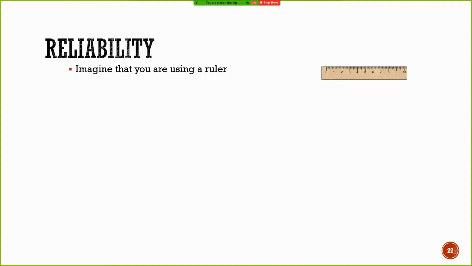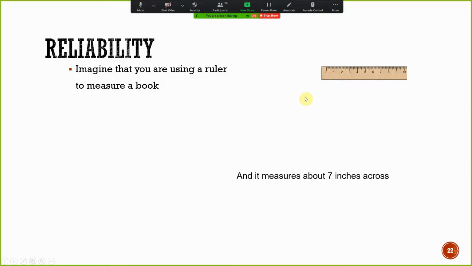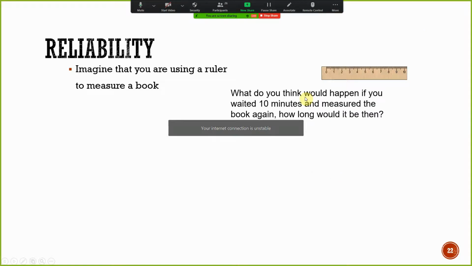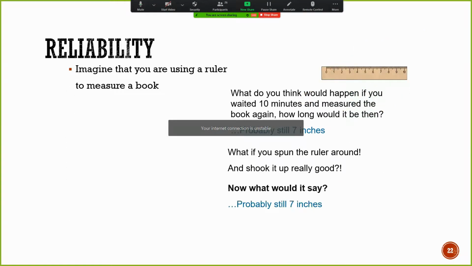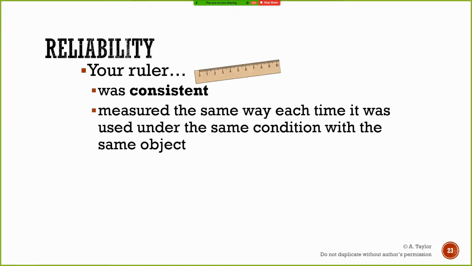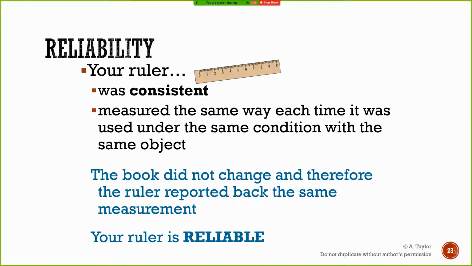Imagine that you are using a ruler to measure a book. The measurement won't change even if you use that ruler on the same book after 10,000 years. This means that your measure scale is reliable, that it is consistent.